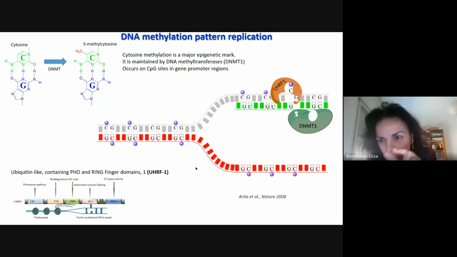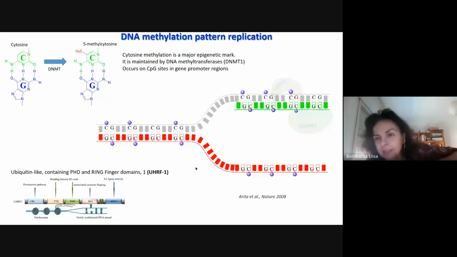That's why we talk about the CpG site, which can then be methylated. And so we have copied the methylation also in the newborn sequence, and so on.